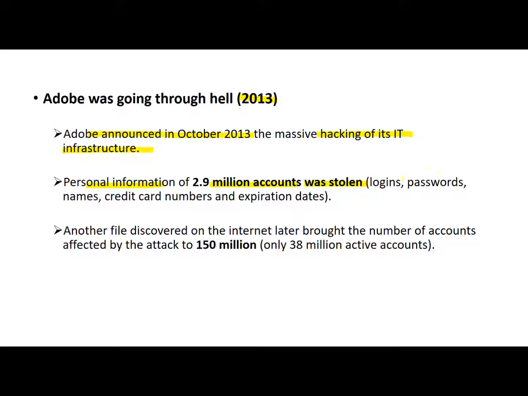This information included the logins, passwords, names, credit card numbers, and expiration dates. Also, another file discovered on the internet later brought the number of accounts affected by the attack to 150 million. But only 38 million were active accounts. So that's a much bigger number.